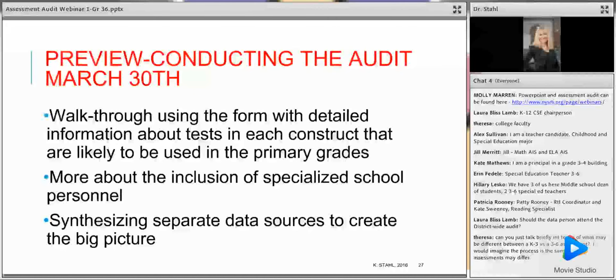If you look at the form, it says first grade, second grade, third grade, fourth grade. So every classroom teacher would get a form, and as you see, the forms look exactly the same. The teacher would jot down, where it says assessment tool, every single test that she uses in her classroom.